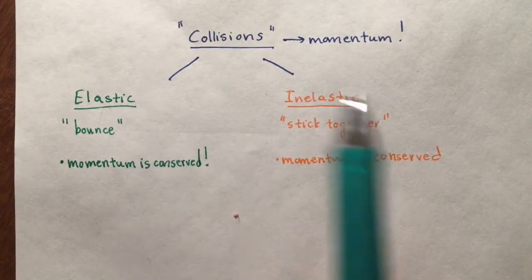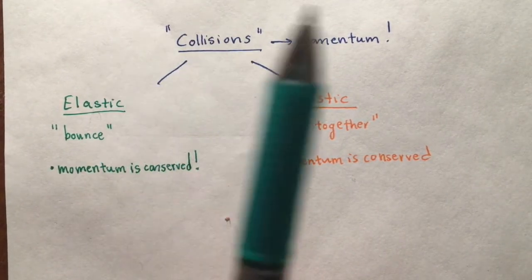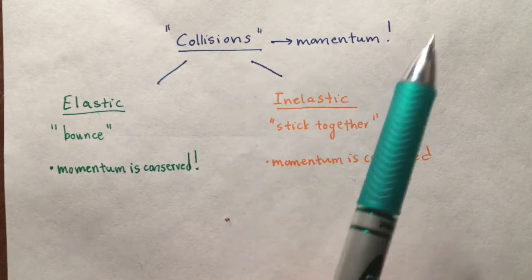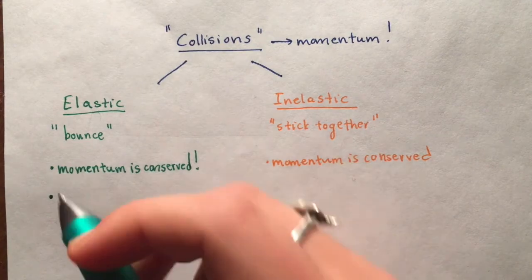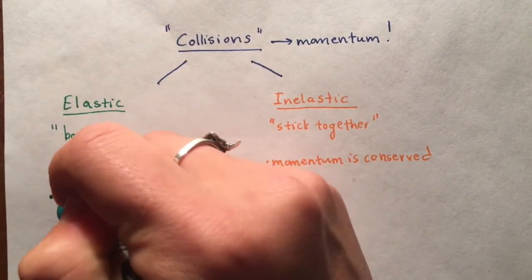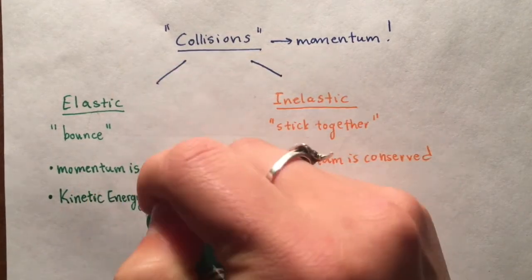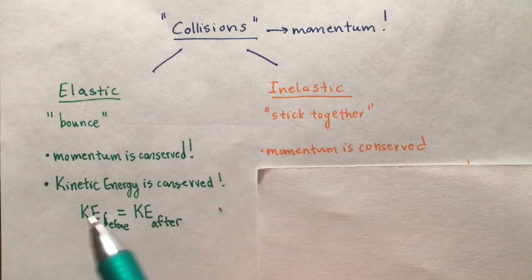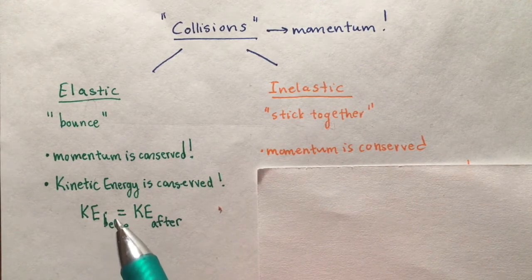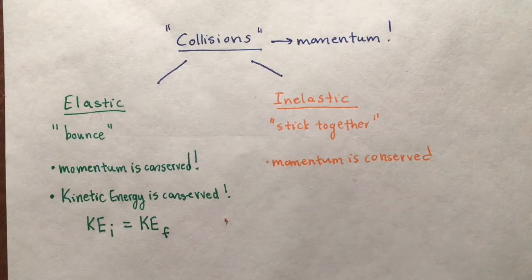Now, what about energy? Is energy conserved? So when we're talking about collisions, we're talking about momentum, and because we have moving stuff, we're going to be talking about kinetic energy. In an elastic collision, kinetic energy is conserved. The kinetic energy before the collision is equal to the kinetic energy after the collision.